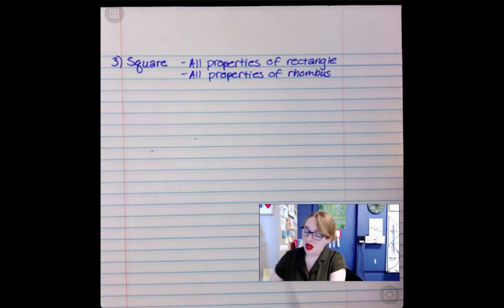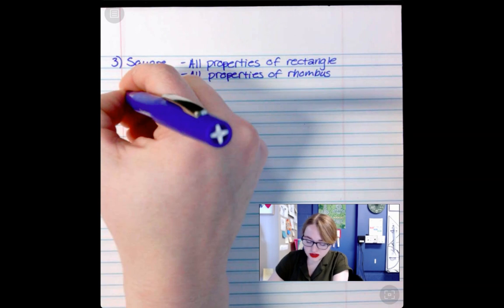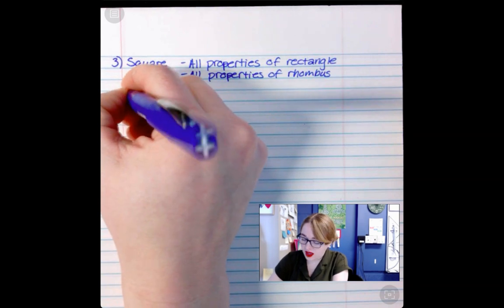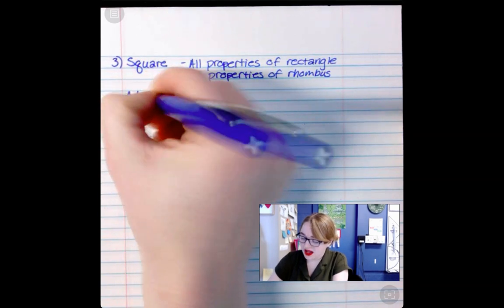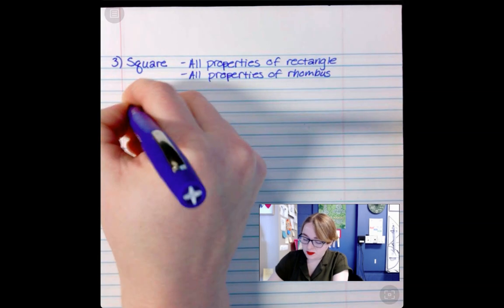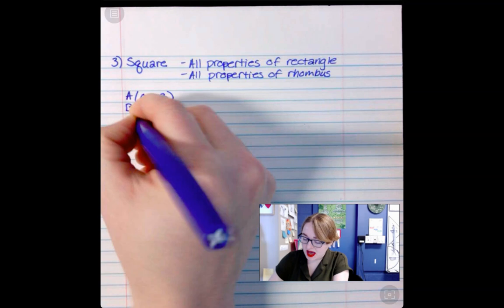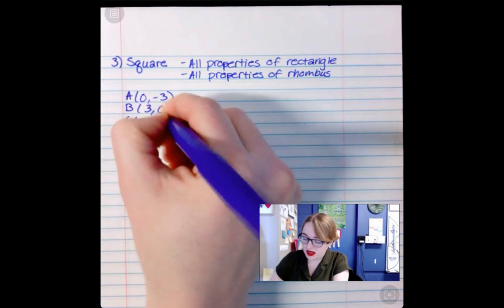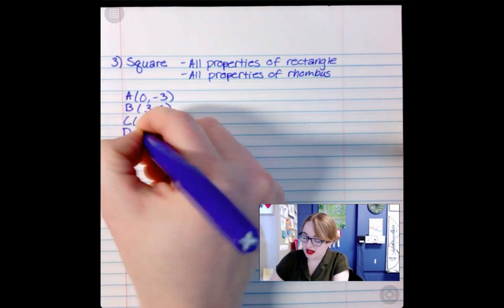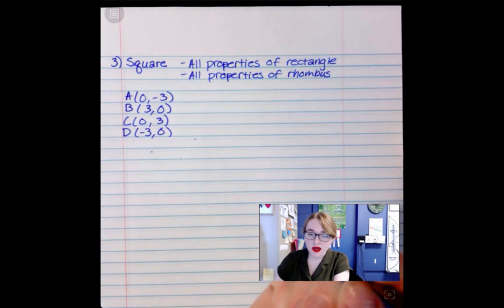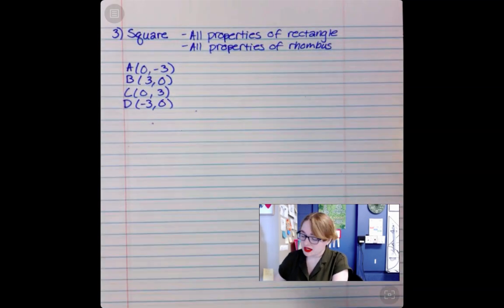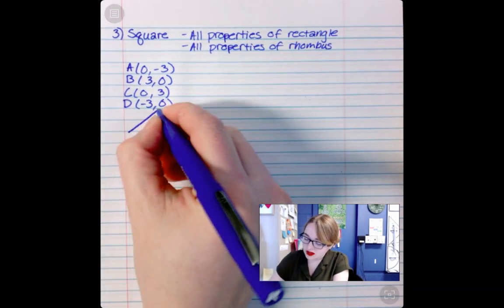Okay, so our points are A at (0, -3), B at (3, 0), C at (0, 3), and D at (-3, 0). Okay, a quick sketch here because I already did go ahead and graph this.